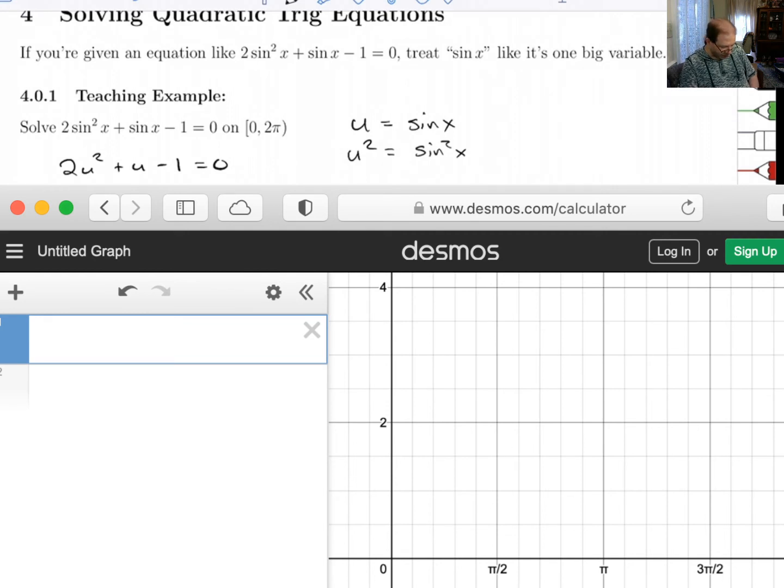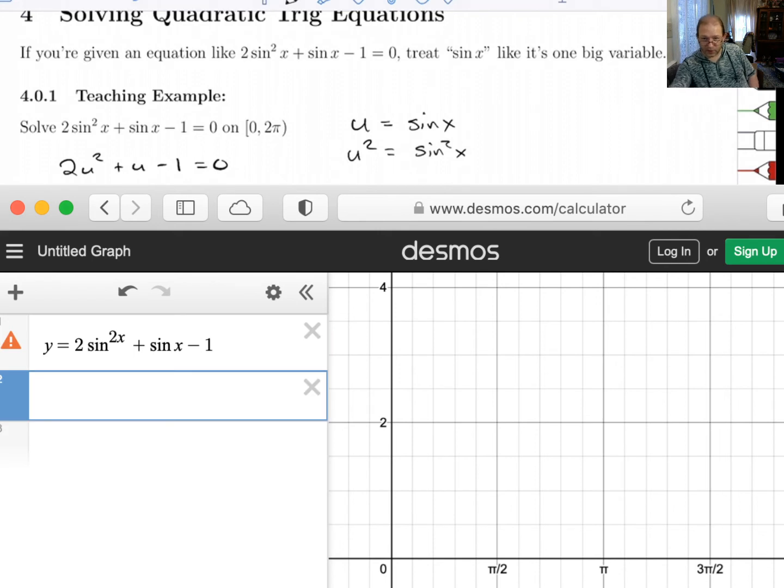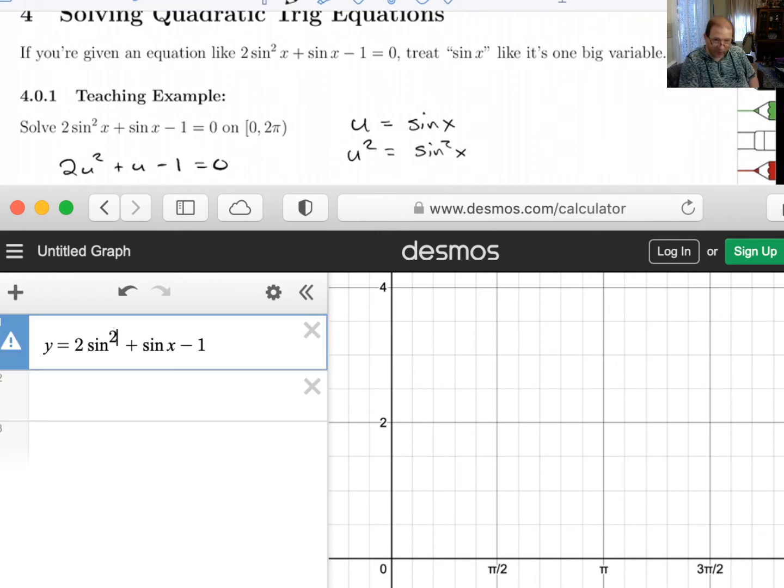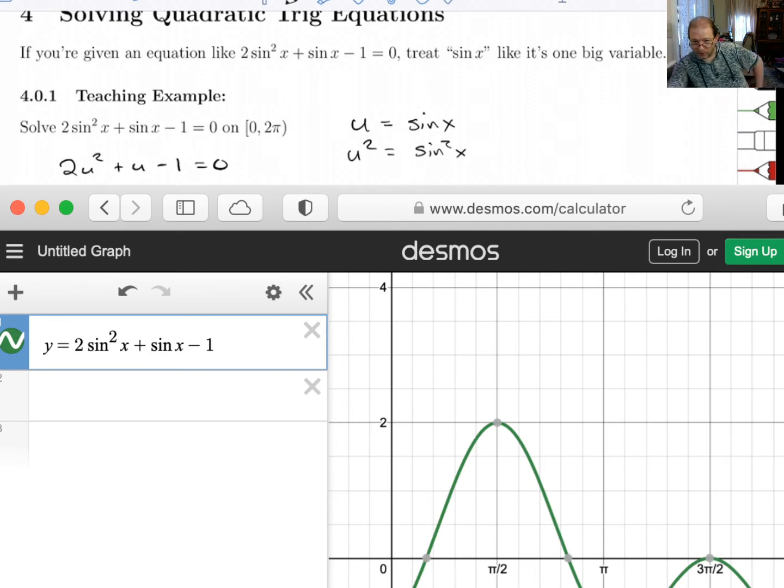Probably what I would do would just be put in y equals 2 sine squared x plus sine x minus 1. And let's see, it doesn't like that because it left the x up there. All right, so we get this.